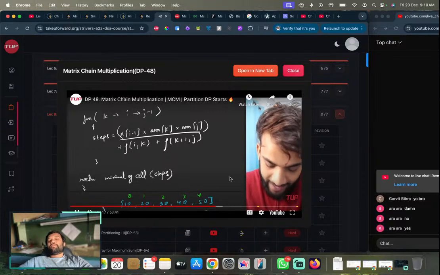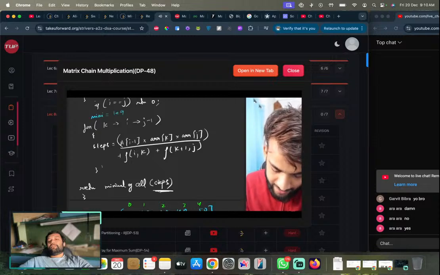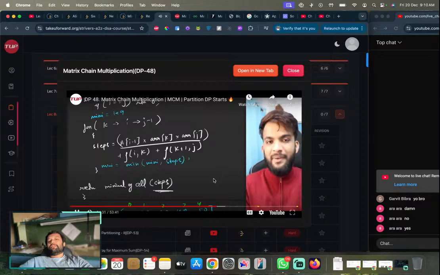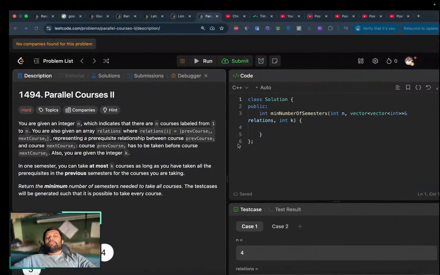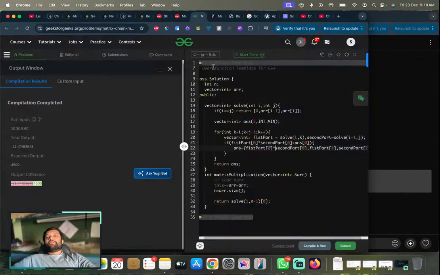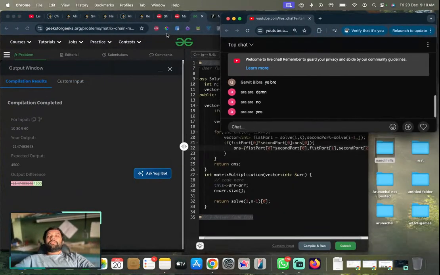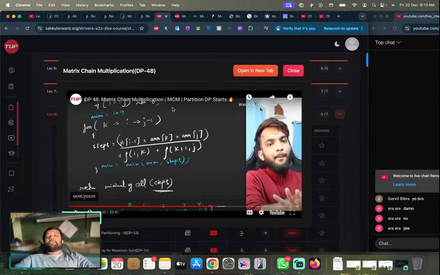What I can say is, I need the minimal of all. Probably I can store a mini equal to a bigger value, and I can say mini equals minimal of mini comma steps, because I need the minimal among all.